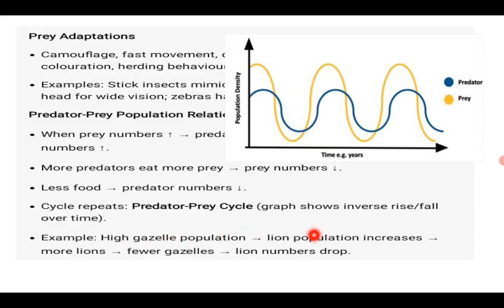This will lead to the increase in the number of lions, because lions feed on gazelles. And when the number of lions increases, it means that there will be higher demand for food. Therefore, the number of gazelles is going to decrease. And that means less food for the lions, so the number of lions will also decrease, like that.